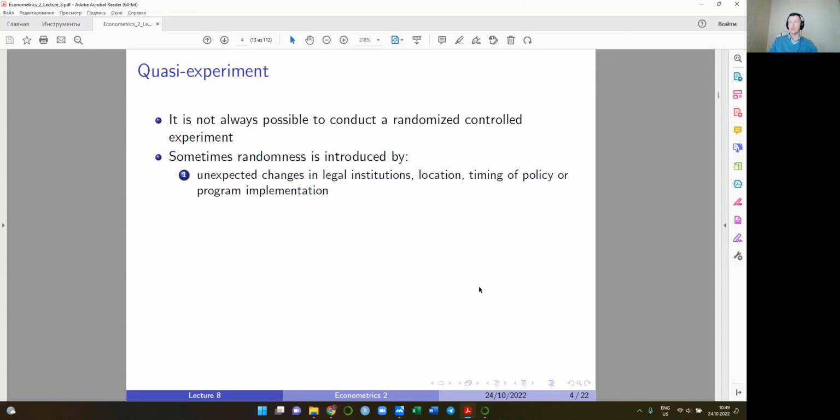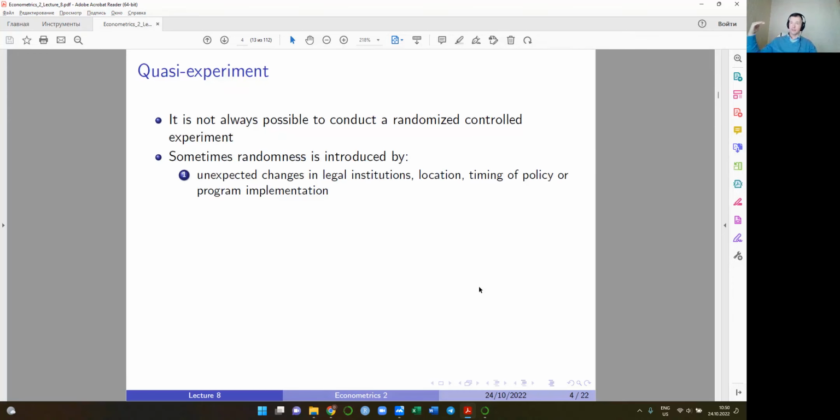So what does this mean? It means that this change must be completely unexpected by those who are treated and who are not treated. It's not like there is a long introduction by the government that, well, dear people, we are going to increase the pension age, or we are going to reduce taxes. If it is already expected, people, firms will adjust in advance.